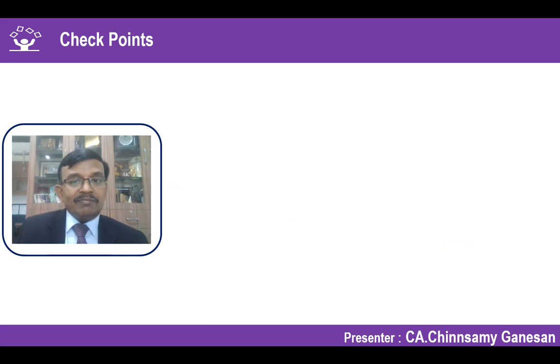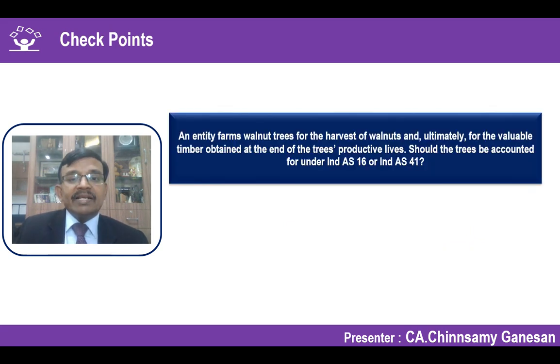Let us take some example for us to understand. It's a walnut tree and they are harvesting walnuts. The walnut tree by itself has a valuable timber. When I'm felling the tree after it is not giving any more walnuts, the walnut tree has a very high market for use in the furniture industry and for interiors.